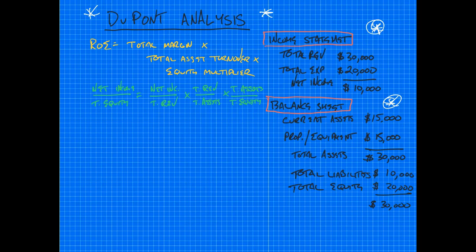Let's start off with this top equation here in yellow at the very top, and the elements of ROE and what we're eventually going to break these down into. And once you see the walkthrough, you'll say, that's it? It's that simple? Yeah, it's that simple. ROE equals the total margin times the total asset turnover times something called the equity multiplier.